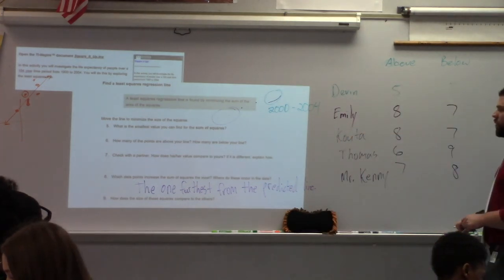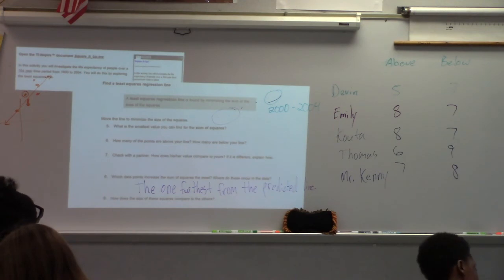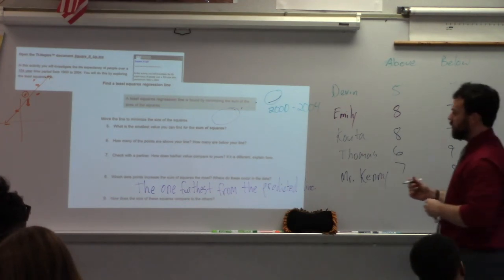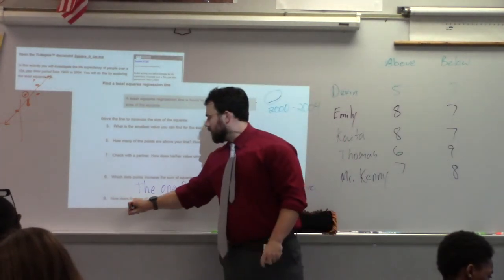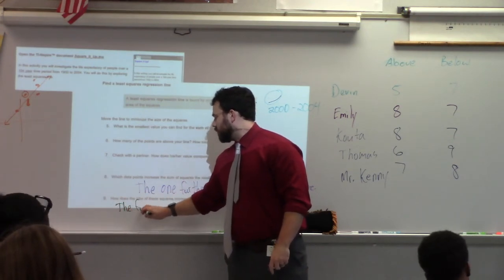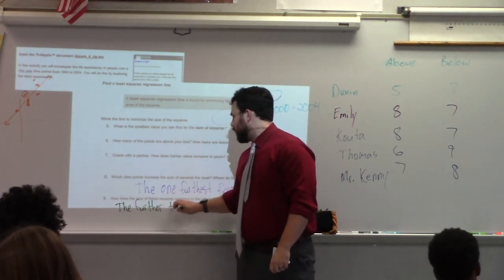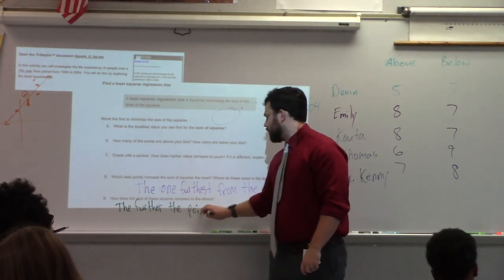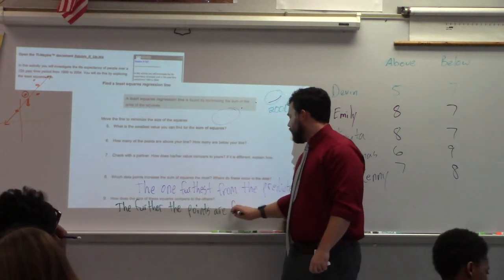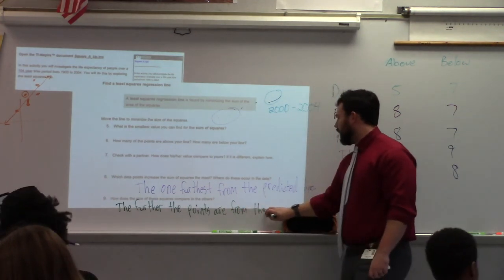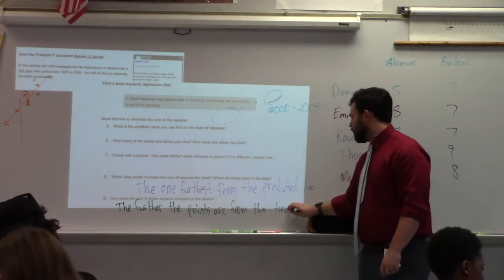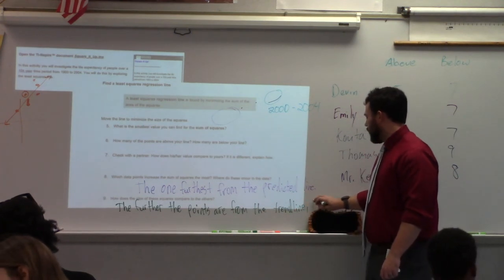How do the size of these squares compare to the others? They're bigger. They're way bigger, right? The further a point is from the trend line, the bigger the square is. That's why it increases the sum of squares. The further the points are from the trend line, the bigger the square.